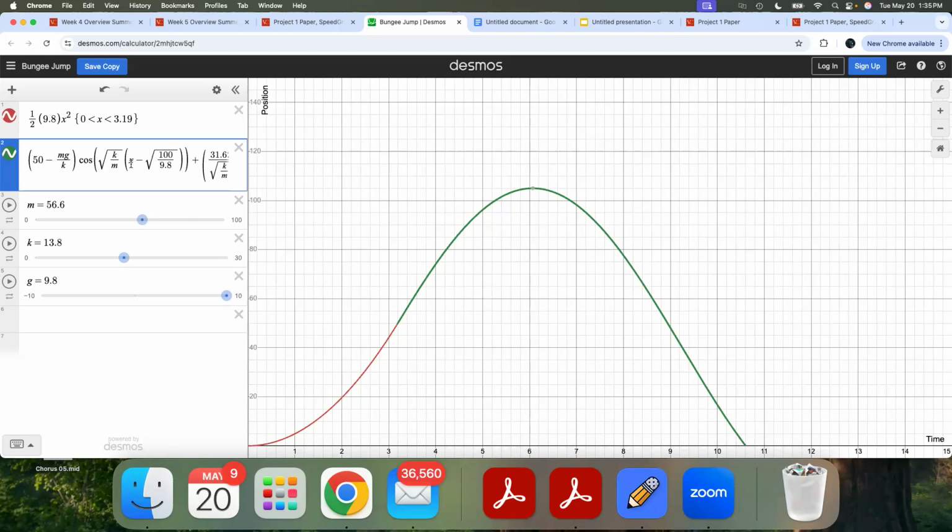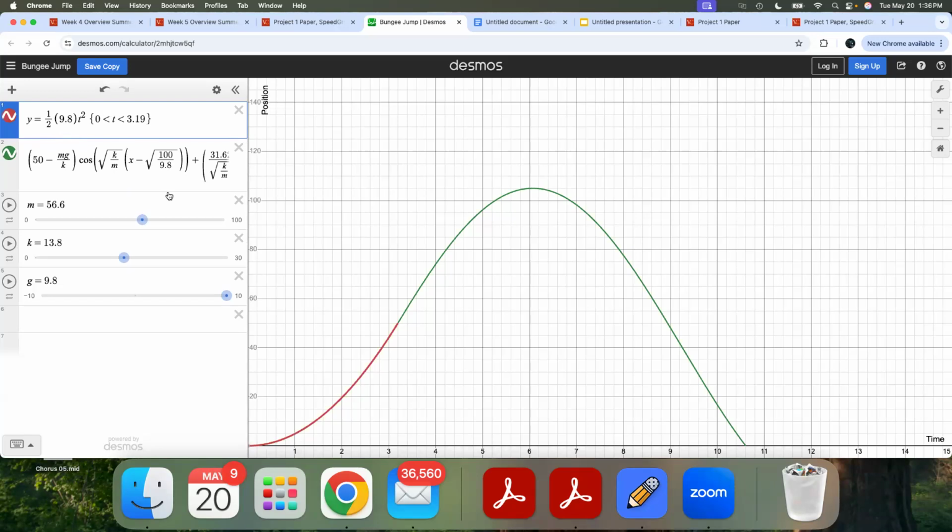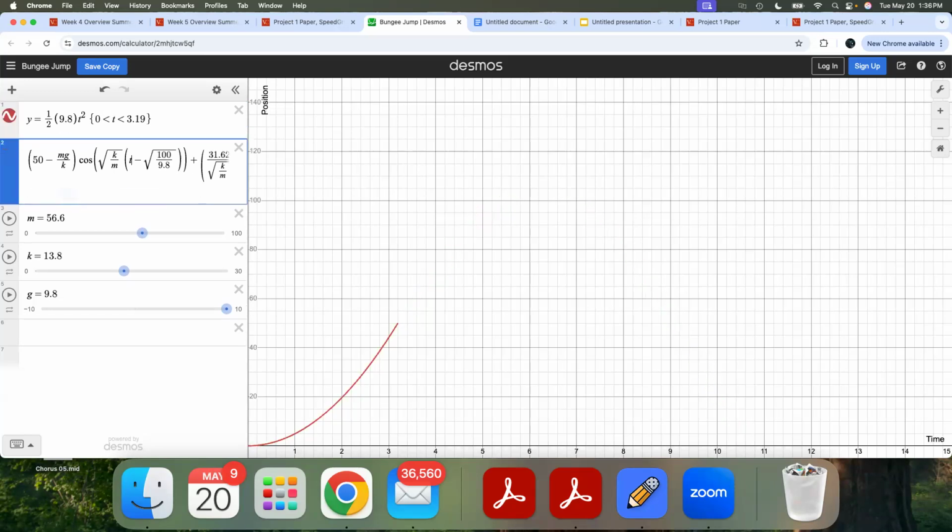See, that's what that is right there. They used X instead of T. I would use T as my variable, and I would have called this Y equals, and I would have made this T, and this would be T. Like obviously you got to change them all, but that's what they've done here.